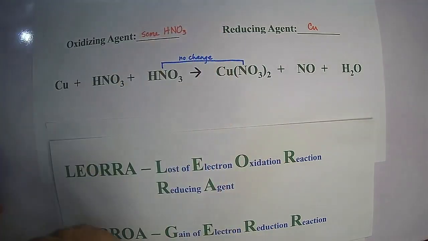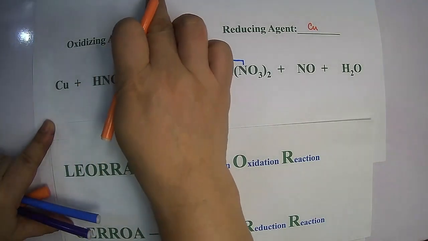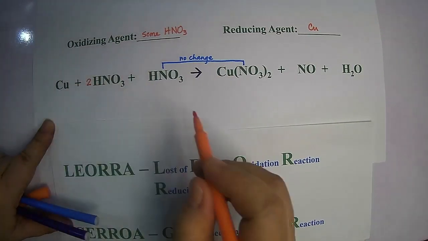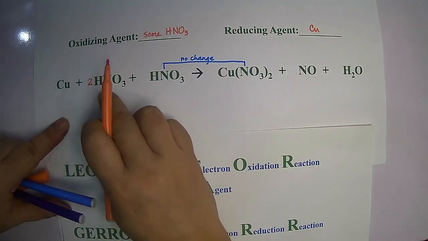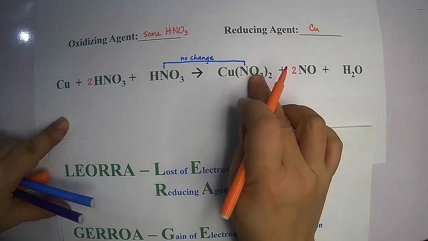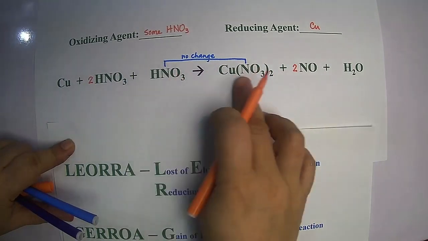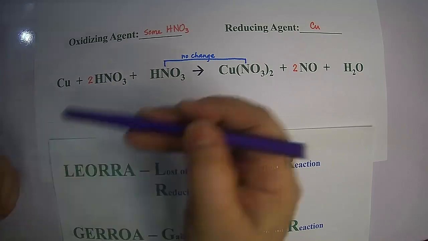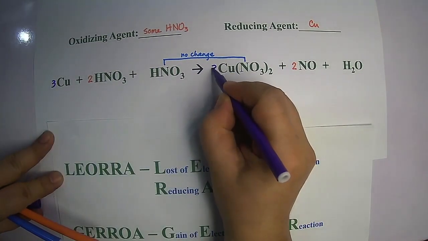The 2 that is lost by copper will be gained by the nitrogen, so we have 2 in this one. We don't change this one because that is for the no change in oxidation number. Then the 3 will be the coefficient of copper here. So we write copper there.